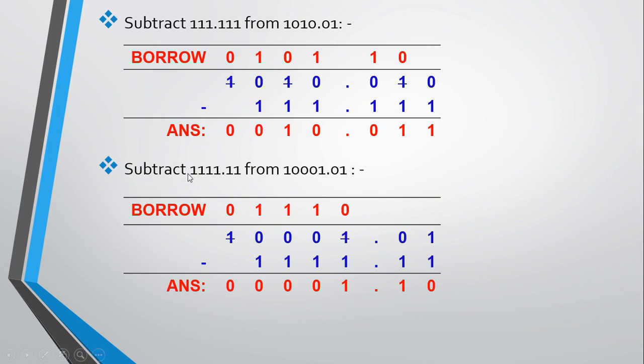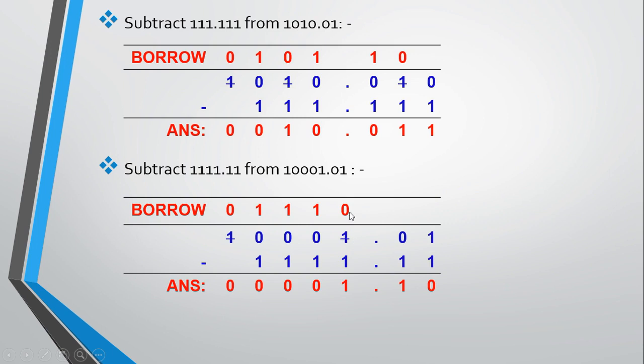Now let us consider the next example of floating point subtraction. In this, 1000.01, we need to subtract the value 1111.11. Now see, 1 minus 1 will return 0. 0 minus 1 will return 1, and take borrow from the 1.